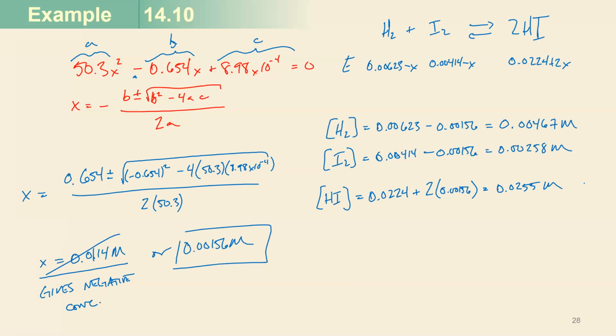Okay, any questions about how to work an ICE table like this? We're going to see this a lot more in chapters 15 and 16, and so we're going to revisit this, but in this introductory equilibrium chapter 14, being able to plug in and solve these ICE tables is going to be an important piece of this material.